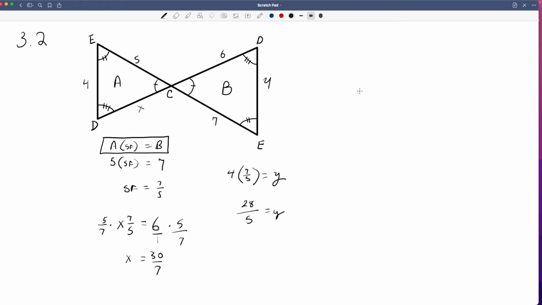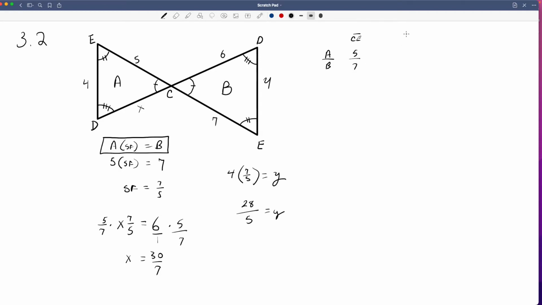So let's do it with the proportion method. So the proportion method, I do the same exact thing. I just make sure that I have all of triangle A and all of triangle B on the same side of the fraction. So for instance, I'm going to do CE, the side CE, right? That is going to be 5 over 7.